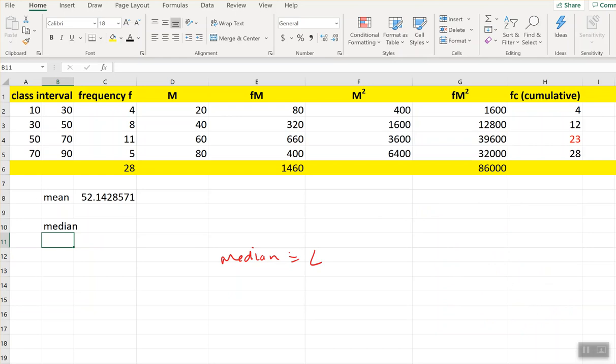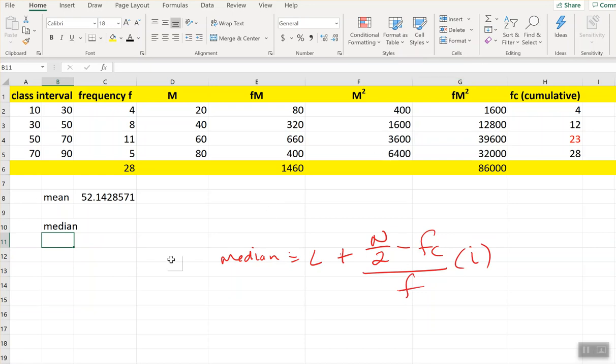So the median is equal to the lower limit of the median class plus n over 2 minus FC. FC is the cumulative frequency up to but not including the median class. And I divide everything by f and then multiply it by the width of the median class. So that's what I need.